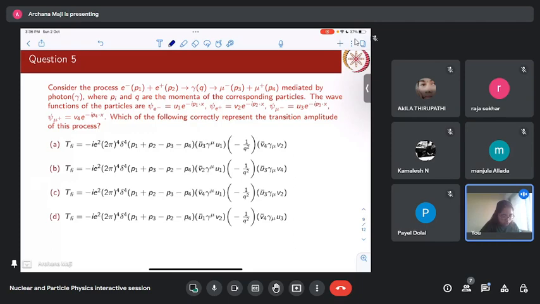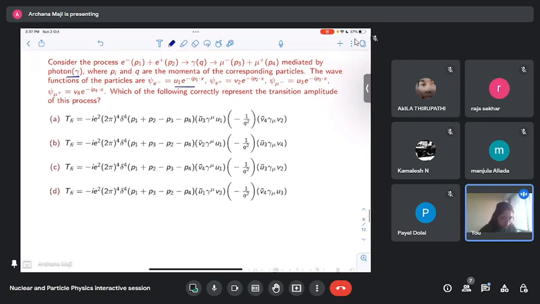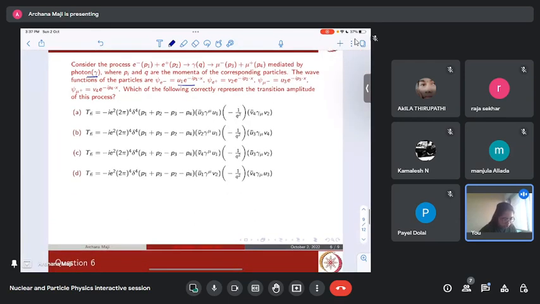Now consider this process mediated by a photon. Pi and q are the momenta of the corresponding particles. The wave functions of the particles are given. Which of the following correctly represents the transition amplitude of this process? So the process, if we draw it pictorially, is like this.